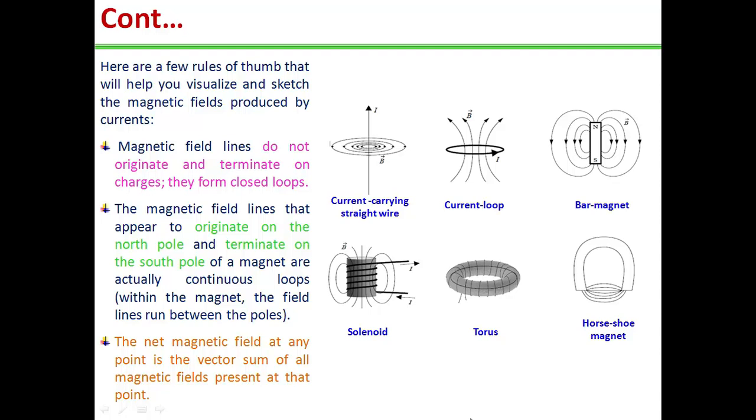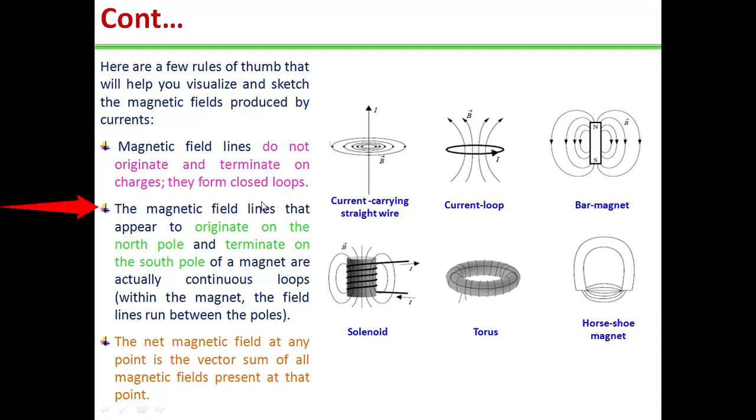Some rules are given here that will help in the visualization and sketching of magnetic fields produced by the current. So some conclusions: magnetic field lines do not originate or terminate on a charge. They always form closed loops.